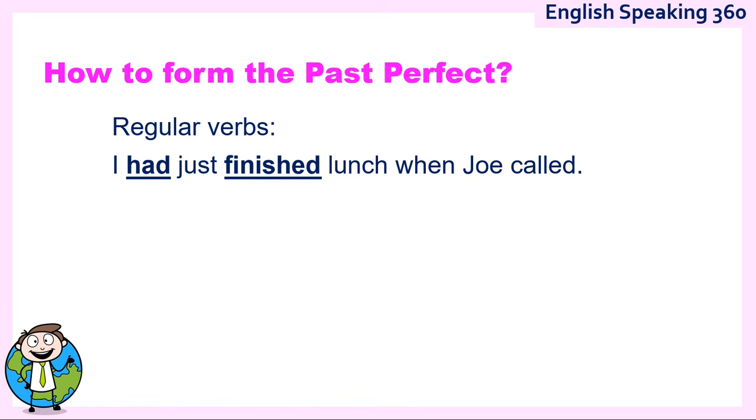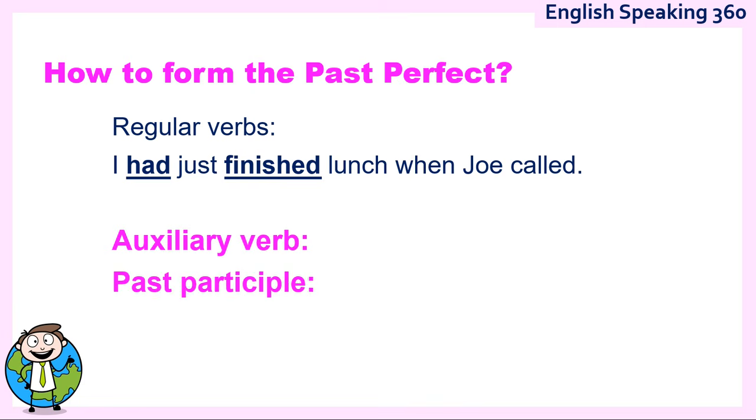Now, how to form the past perfect? For regular verbs, I had just finished lunch when Joe called. We do it like this. You need an auxiliary verb and you need a past participle. You have two parts. The auxiliary verb is always have at the past tense because it is the past perfect.